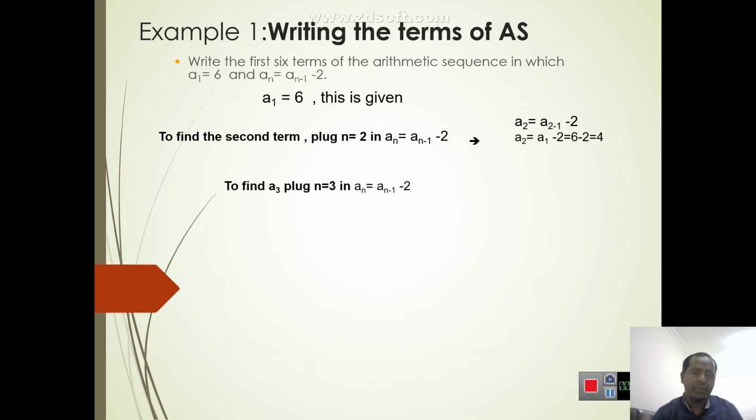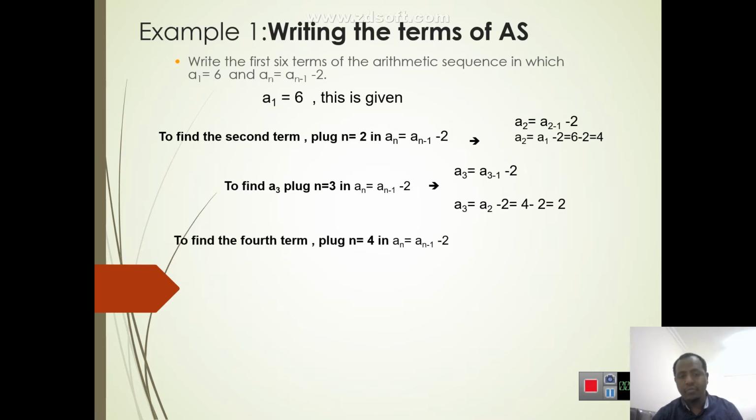By the same principle, we can find the third term. We plug n equal to 3 in the recursive formula, so the third term will be 4 minus 2, which is 2. In other words, this is a sequence which can be found by adding a fixed value, negative 2, to each term.